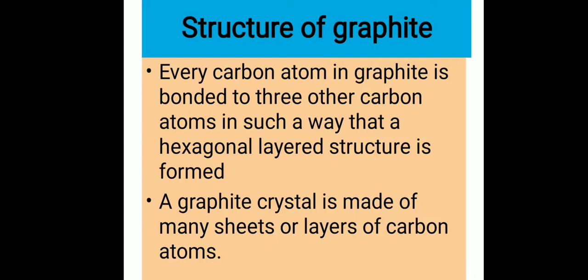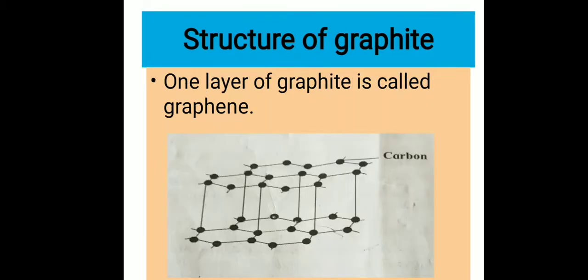A graphite crystal is made of many sheets or layers of carbon atoms. One layer of graphite is called graphene. If you observe the structure of graphite, you can find that each carbon atom is bonded to 3 other carbon atoms.